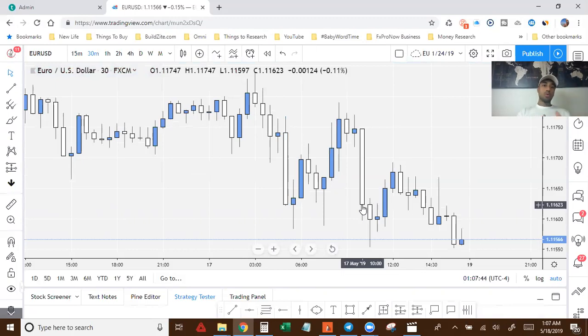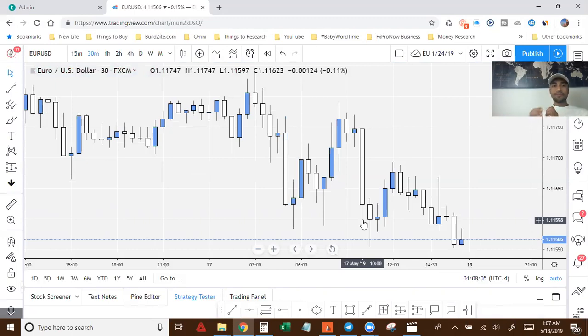But the low was lower than the close, and that's why there's a wick there, which is right there. That's what we're talking about, 1.11597. Very simple, nothing too crazy.